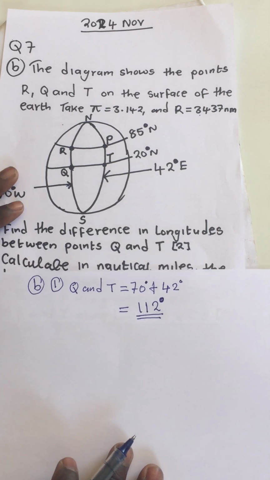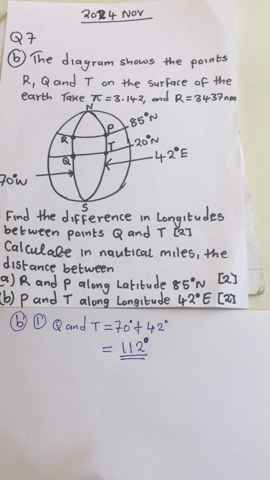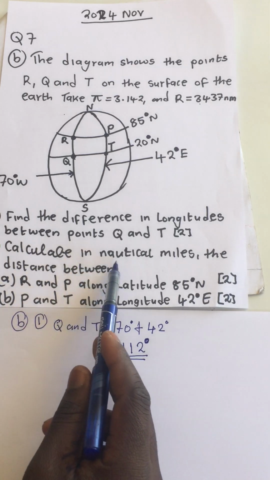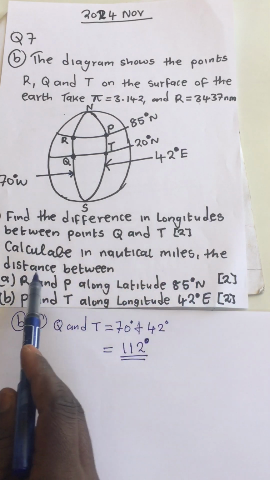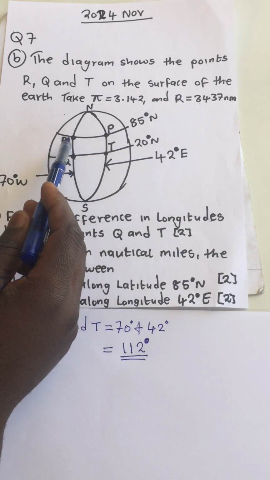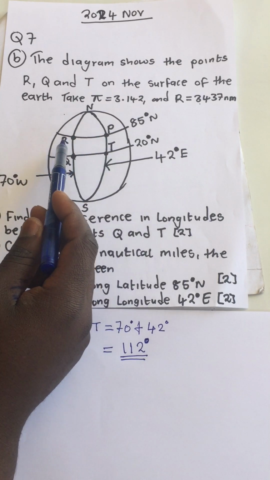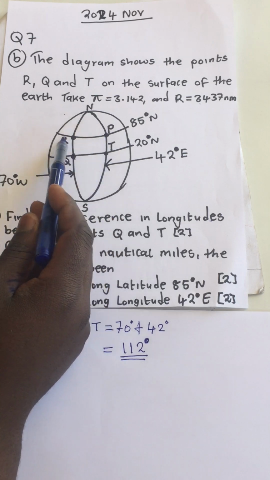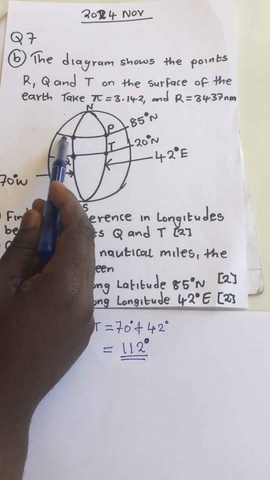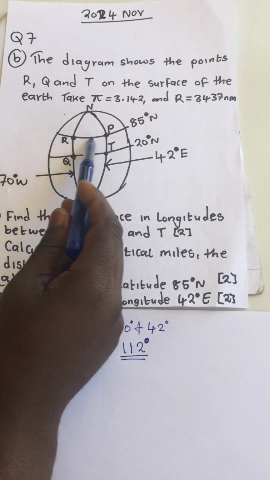Now you come to B. What is B demanding us to do? B demands us to calculate in nautical miles the distance between R and P. Where is R? R is here, P is there. Once you have been told to find the distance between these 2 points, you observe that it's distance along latitude.